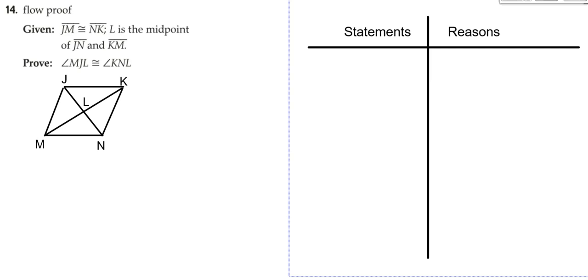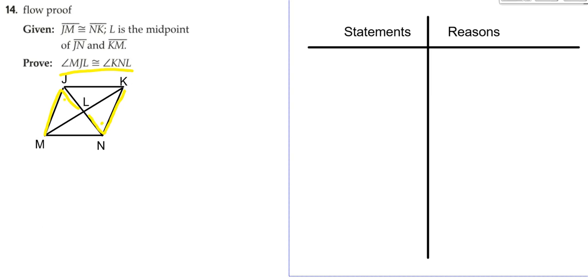We'll pause this and I'm going to ask a bunch of questions and then I'll mark the picture by our results. So for this one, look at the proof statement right away and notice that it's angle MJL, which is this angle right here, and angle KNL that we want to show are congruent.